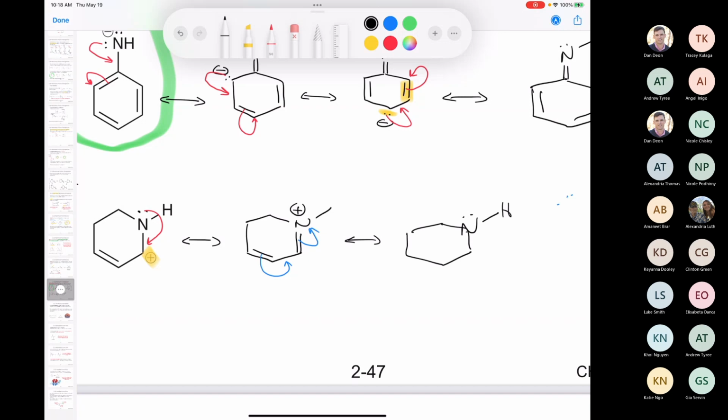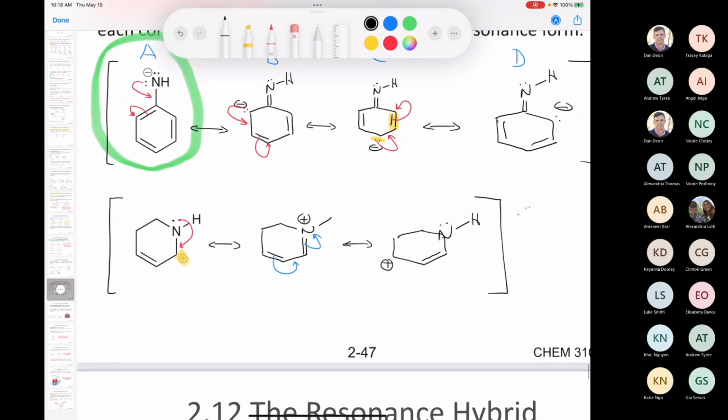So like this, and then I have the double bond here, and I have the positive charge over here. Out of all 3 of those, could anybody tell me which one of these would be the major contributor? I'm going to call this one A, I'll call this one B, and I'll call this one C.